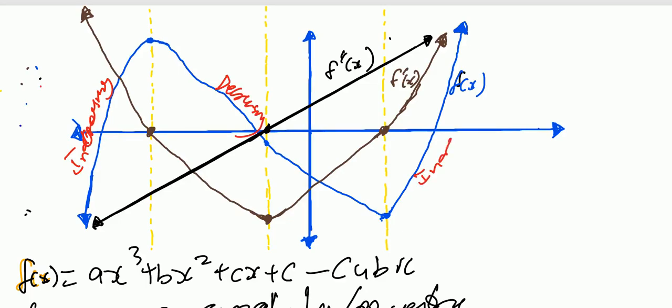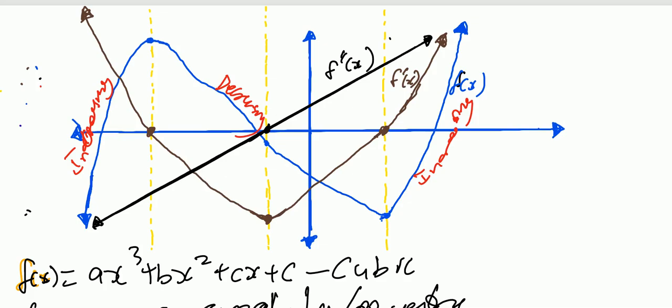Here it's increasing. For you to understand the relationships, you must imagine. Remember, when we derive and find f prime x, we find the coordinates of the turning points. That means our relationships must be based on the turning points, because f prime x gives us the x values of the turning points of our f of x.